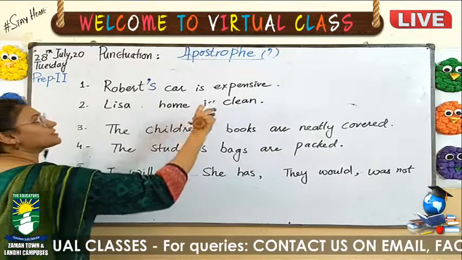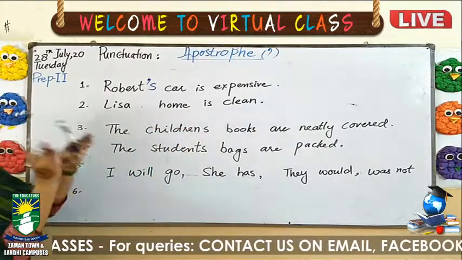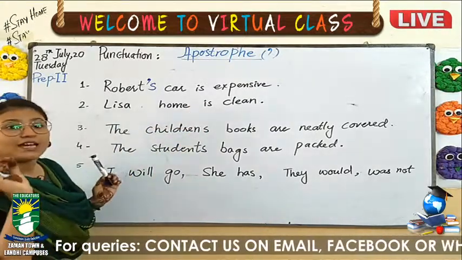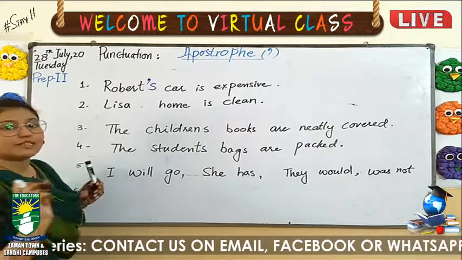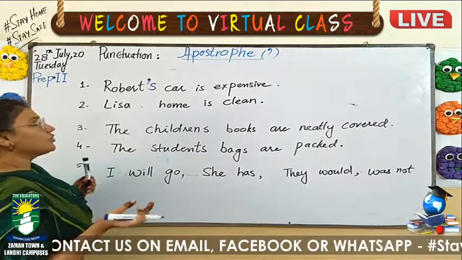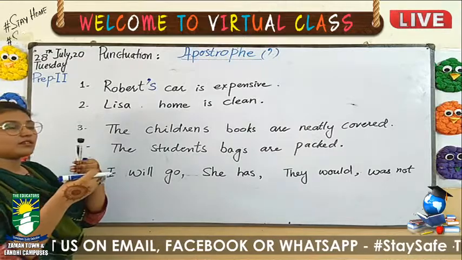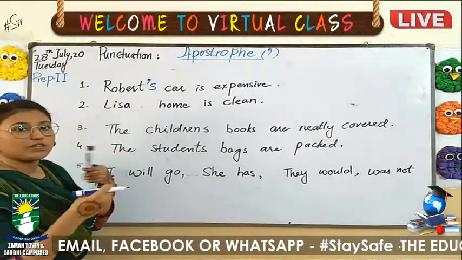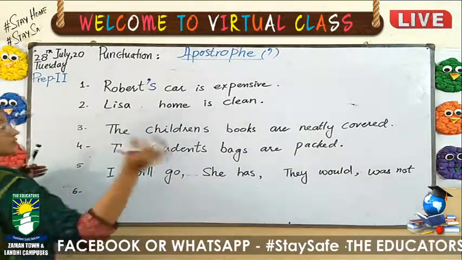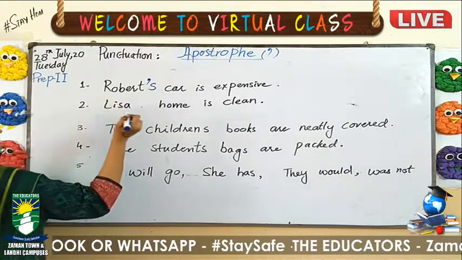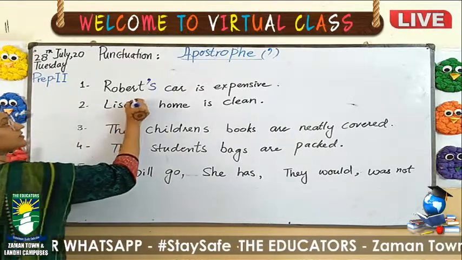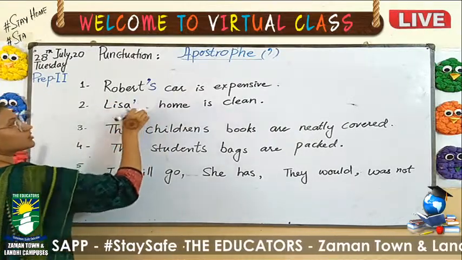Lisa home is clean. We have to show that the home is of Lisa. How would we show possession between two people or two things? Lisa is a noun here, and home is also a noun.